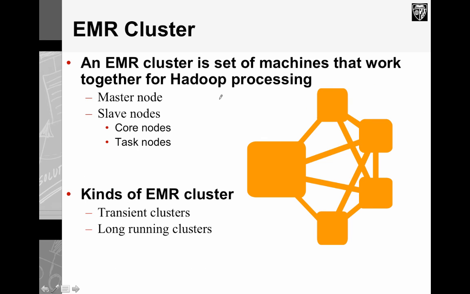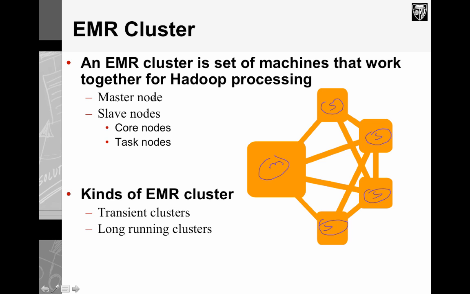Okay, so now let's look at the AWS EMR cluster. In Hadoop, we learned that there is a master node and there may be several slave nodes. That's where the data gets stored and processing gets done. And all of them are communicating with each other. The AWS EMR guys have taken that same concept but extended it a little bit further.